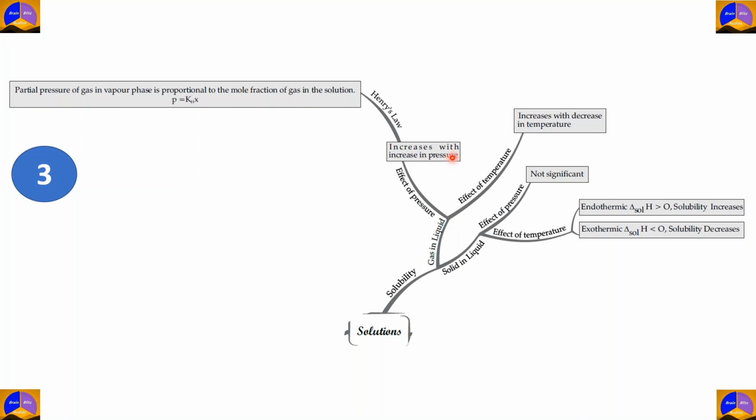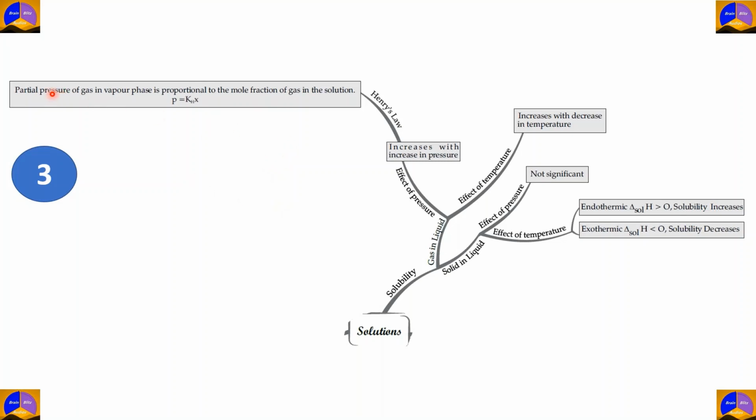And this leads us to a first law, Henry's law. Henry's law states that the partial pressure of gas in a vapor phase is proportional to the mole fraction of the gas in the solution. So suppose a gas is trying to dissolve into a liquid solution.